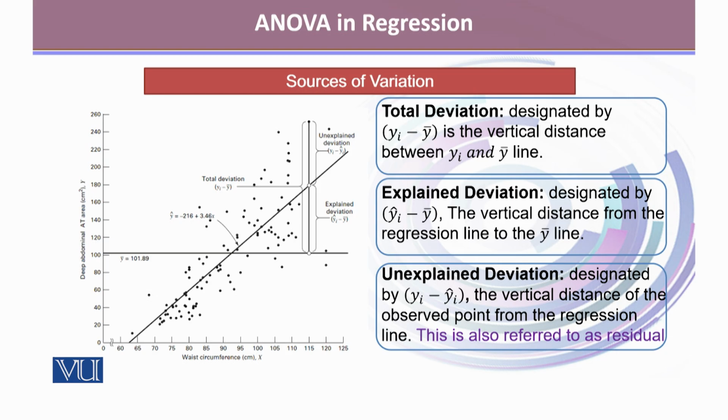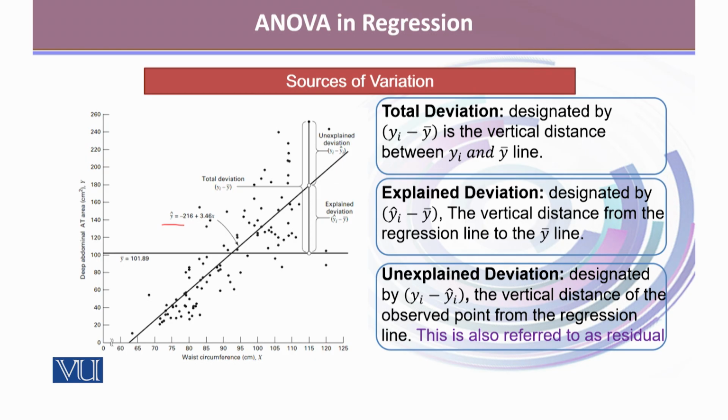Here, we have defined a line at y bar, which is at 101.89. And our linear regression model, after estimating it, is given as y hat = -216 + 3.46x. This tells us how the trend shows the relationship between the variable x and the variable y. More importantly, you would notice that all these observations are very well scattered in this scatter plot.